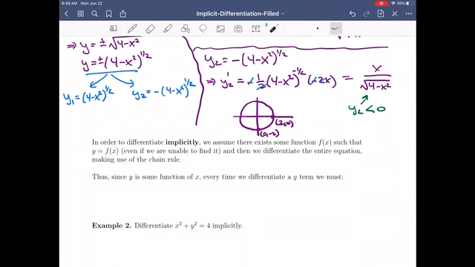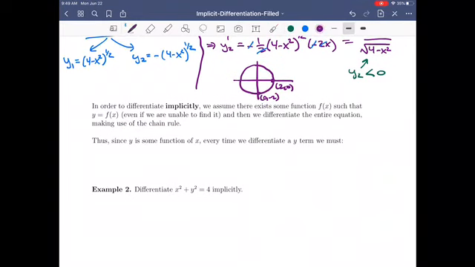So since y is a function of x, let's say we want to differentiate some y term. This is actually dy dx, right? And so this is dy dx, or y prime. Okay, so this is going to be the sort of inside derivative.